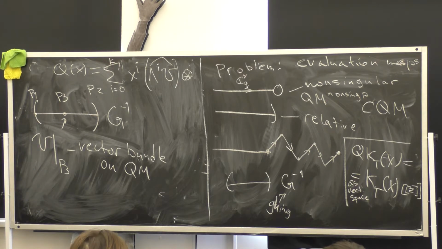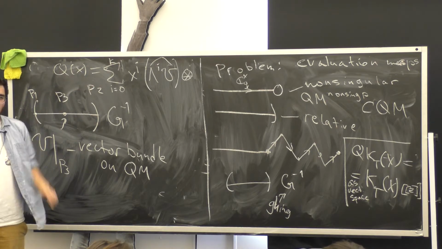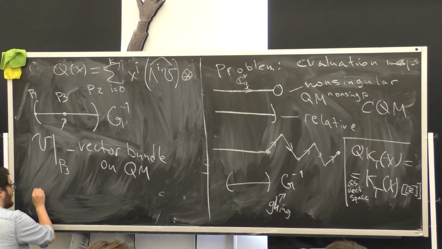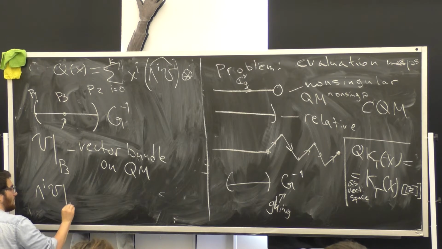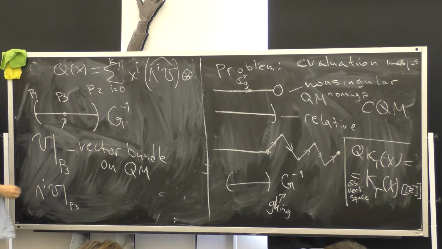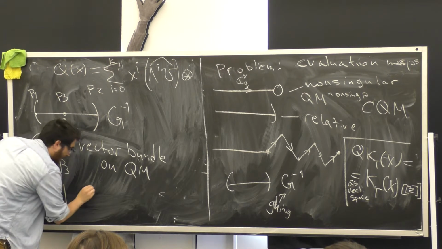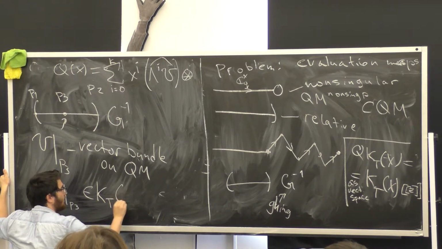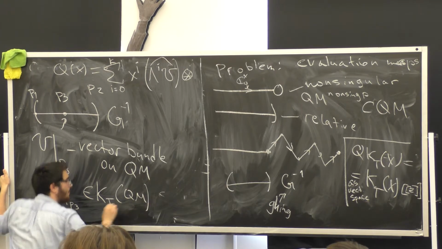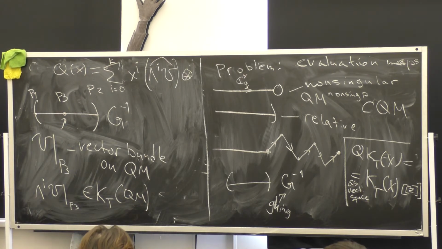For that vector bundle, we can take wedge powers, so we can take the ith wedge power of this. And now you can take its K-theory class in the coherent K-theory of the space of quasi-maps. And now that we have that, we can pair it with the virtual structure sheaf that I mentioned briefly before. And from that, we can construct an operator like this.